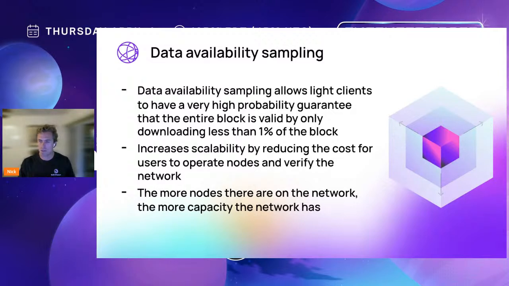I need more and more bandwidth, and eventually I just don't have enough bandwidth to keep up with the chain. I need to be in some massive data center with a gigabit connection or something, right, to verify the chain. So the goal of a data availability layer like Celestia is to find a way to enable people to verify that the data is available, that has been published, without having to download all of it themselves.